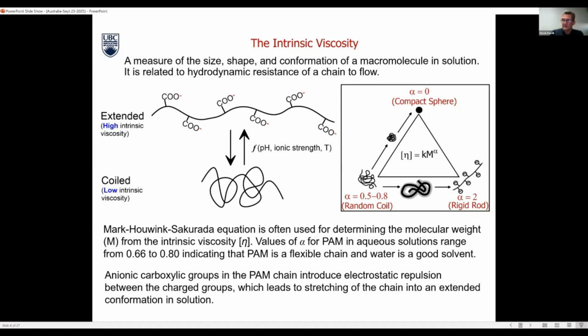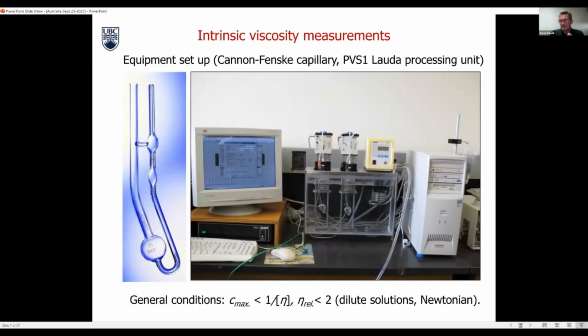And again, we were interested not necessarily in the alpha value, we were much more interested in this transition between coiled and extended conformation, and how that ability to change the state of the polymer is related to the flocculation process. So this is our setup. The measurement is based on dilute solution viscometry.